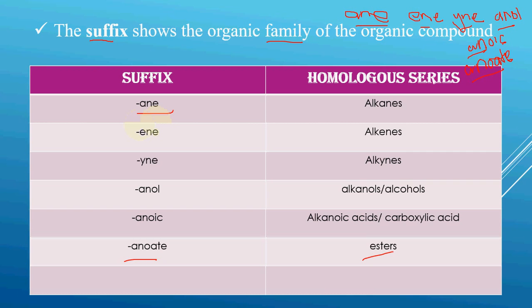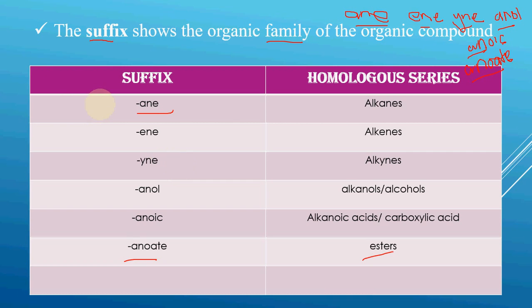Just by observing the ending part, you will be able to tell, even if you have never heard of that compound, that it is an alkane because of the way it ends. The way this ends is an alkene, the way that one ends is an alkyne, and it goes on. So basically this is why I brought in this lesson, so that I help someone out there.